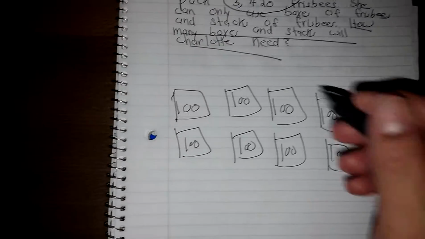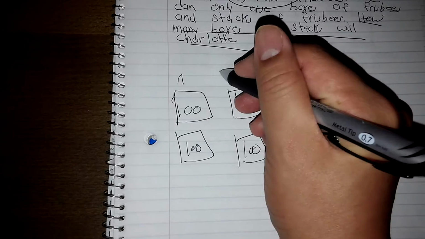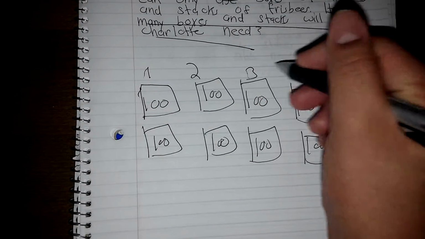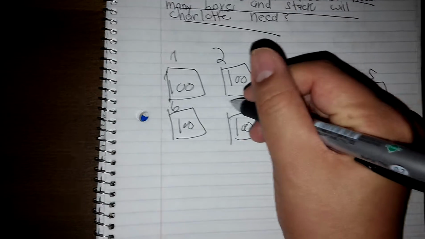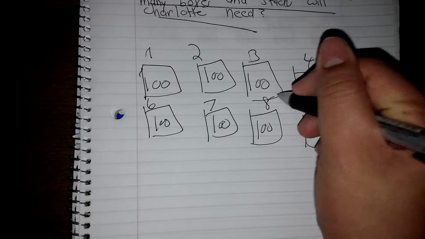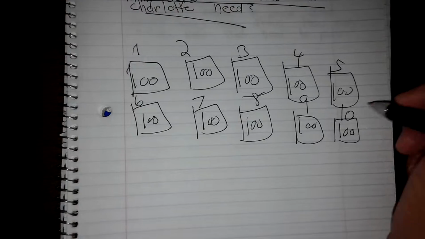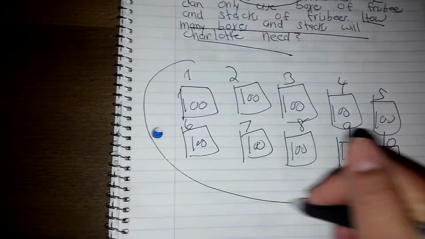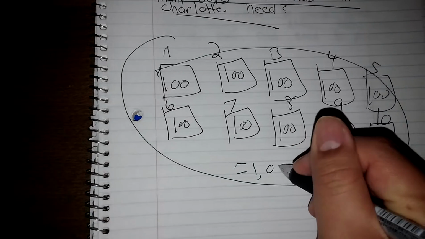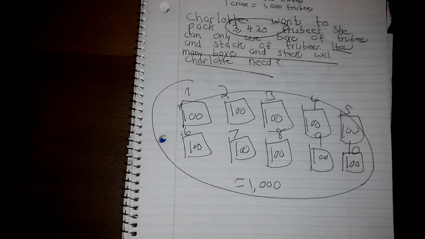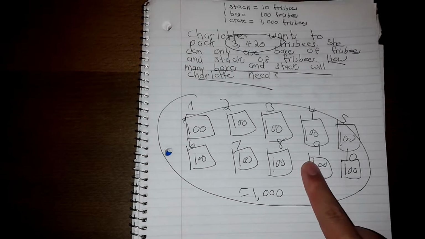So I have 1, 2, 3, 4, 5, 6, 7, 8, 9, 10. If I have 10 boxes, isn't that equal to 1,000 Frisbees? So 10 boxes make 1,000 Frisbees.